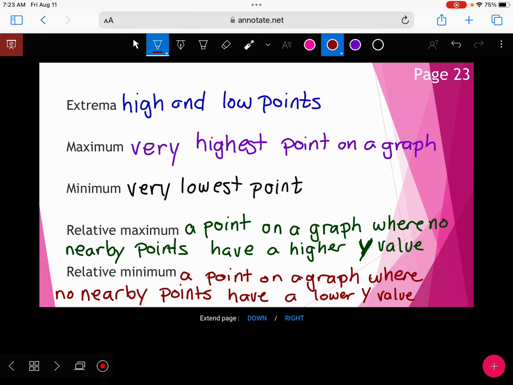So again, we'd have our true minimum way down here at the bottom, and then a relative minimum here. It's a little valley. So we're talking about our peaks and our valleys, high points, low points, minimums, maximums.